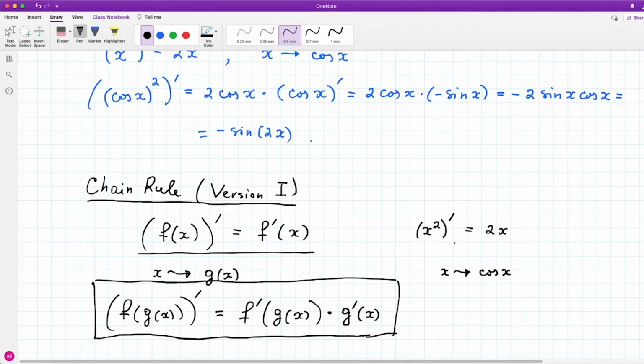And so just like in the example that we just completed, if I replace x with cosine of x in the formula for the derivative of x squared, then we get the formula for the derivative of cosine squared x.